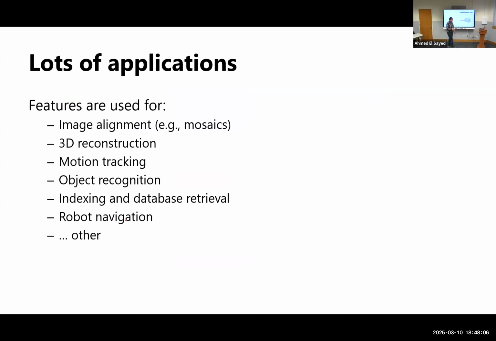I think I showed you before the SLAM algorithm and how it works with the visual odometry. I can do object detection and recognition by finding the object in the environment, like here.